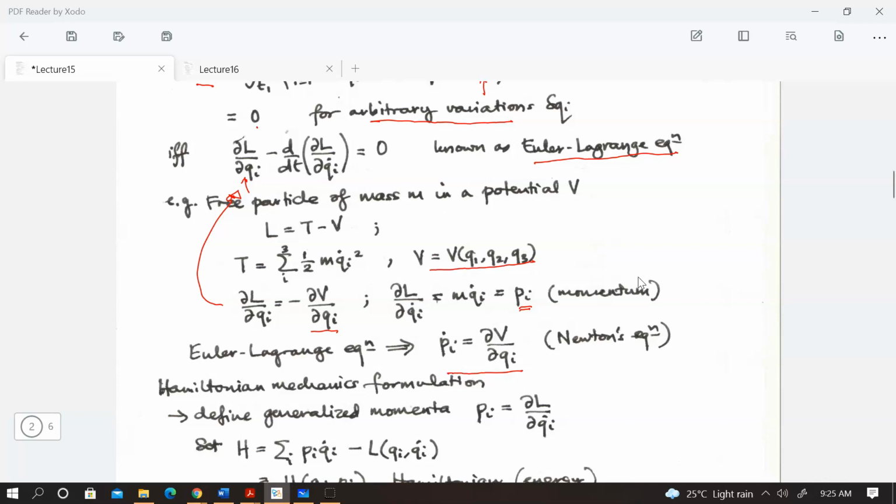Sorry, I'm just lost for the word. The rate of change of potential with respect to the position. And this we recognize as your Newton's equation. I think there's some problem with the minus sign somehow. Let me just figure it out.